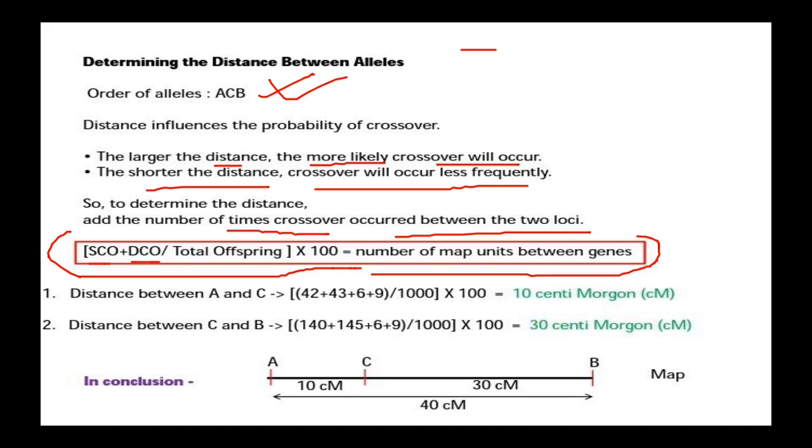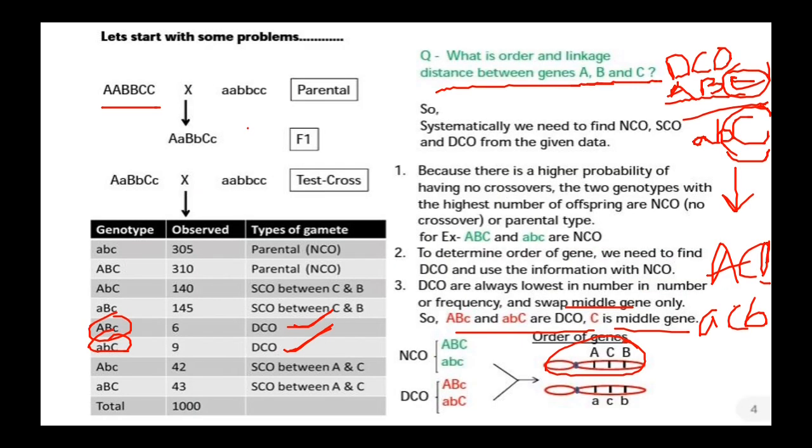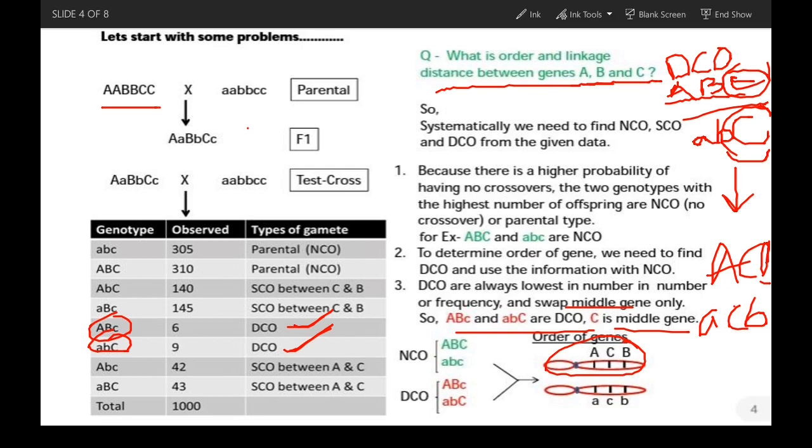So let's go back and see. If we talk about the distance between the A and C genes, the single crossovers between A and C are 42 and 43, right?